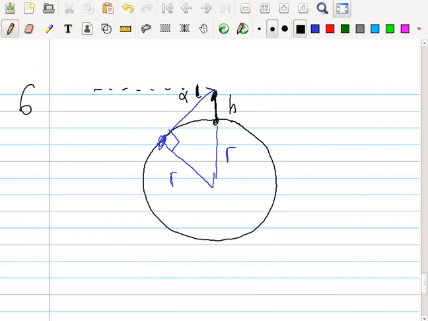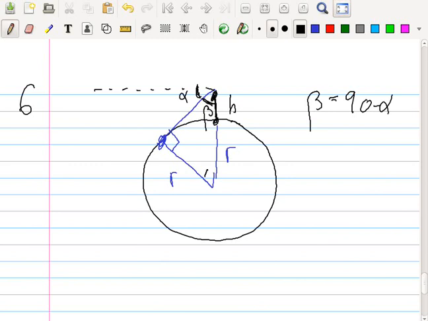Now, just to make it a little bit easier for me, I'll call this angle here beta. But who can tell me what beta equals? If the whole angle here is 90, it's 90 minus alpha. Thank you. 90 minus alpha. That's this angle here.